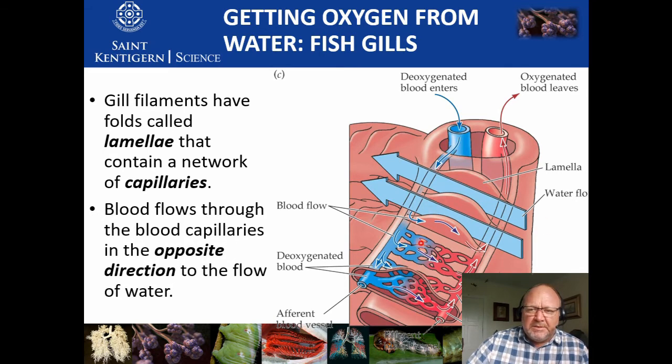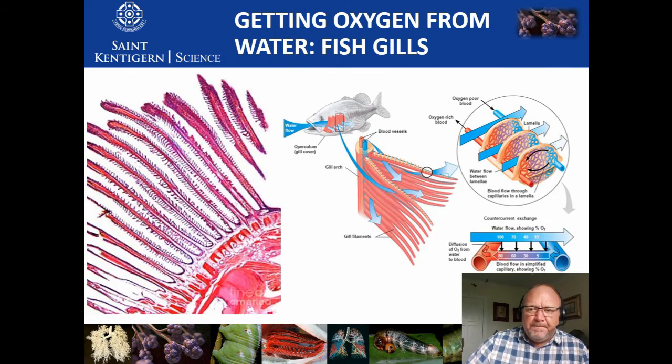I don't think it's a particularly great diagram. Again, you can see your filaments, and then these protrusions on the side is exactly where you will see the lamellae, and that is how the fish gets an enormous surface area and maintains it as long as they are in the water. Because when you take them out of the water, all these things simply fall flat. While it's in the water, it flows and hangs around just like long hair underwater, but when they come up, they just fall flat.